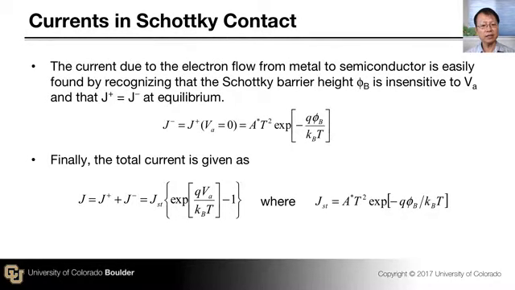In the case of the Schottky contact, however, the saturation current density J_ST is given by the Richardson constant times T squared and an exponential term containing the barrier height. This is due to the fact that the mechanism of current in a Schottky contact is not diffusion current but thermionic emission current.